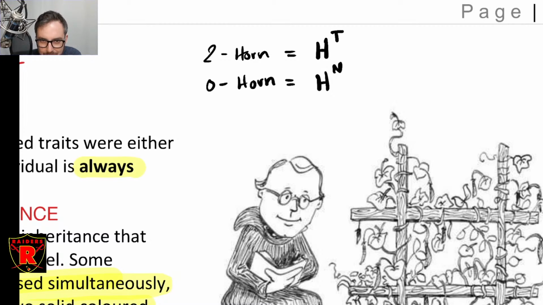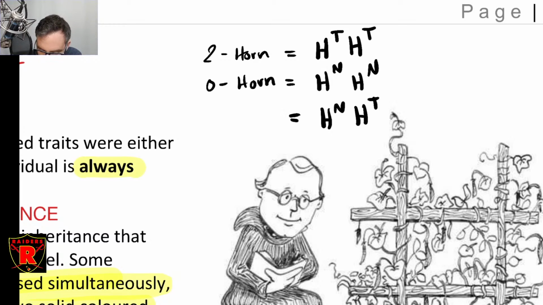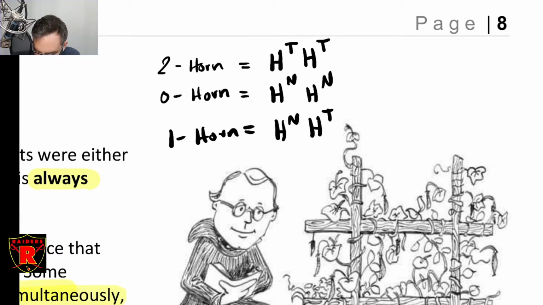And like I said, generally you indicate the full genotype because you have to have both in order to get the trait. Okay? But if you have the hybrid, that is, you have no horns and you have 2 horns, you get a third completely different thing that is a hybrid of the other two. So in this case, this would be something like 1 horn, or maybe short horn or something like that. Okay, so you got your 2-horn goat.